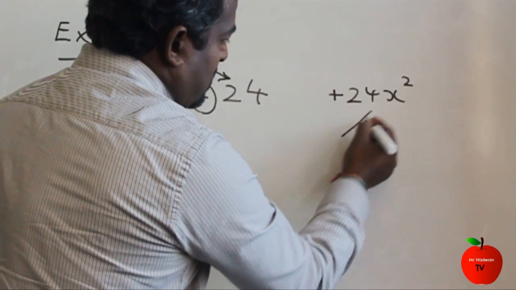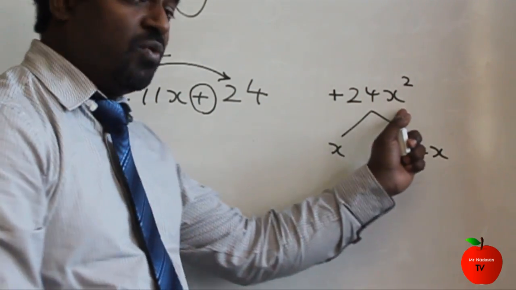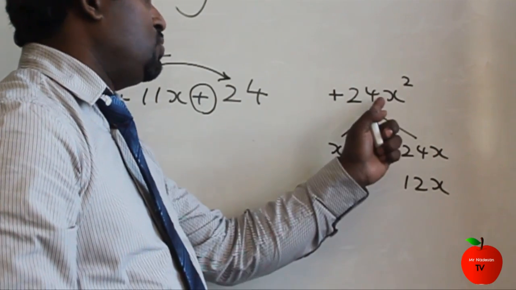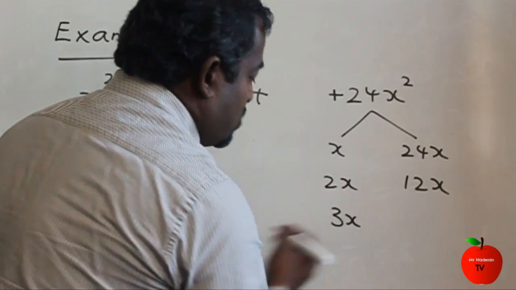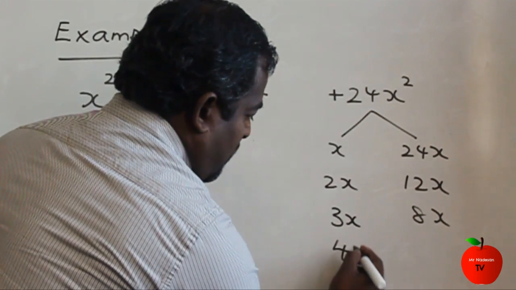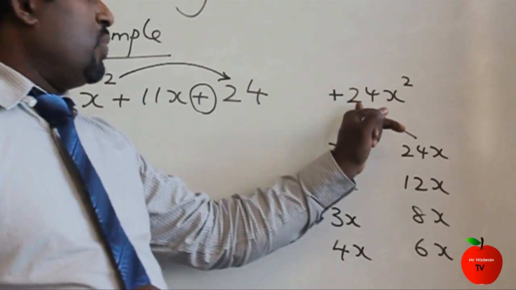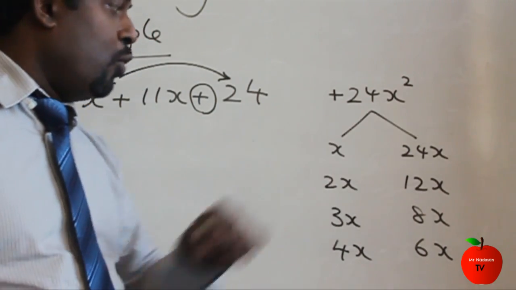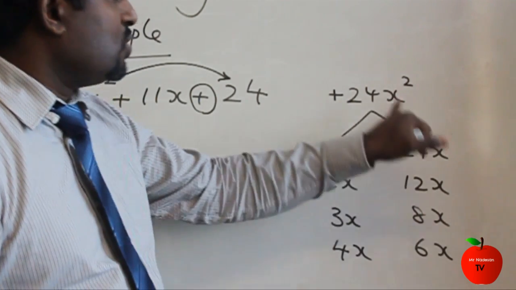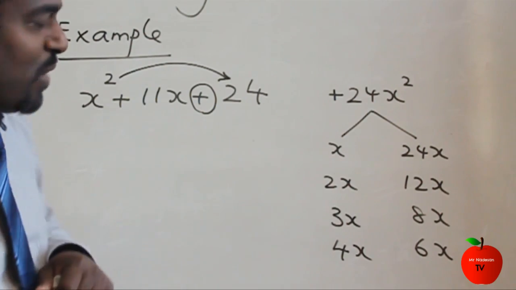We can make it with x times 24x, and also 2x times 12x, so 2 times 12 makes 24, and also 3x and 8x, so 3 times 8 makes 24, and 4 times 6 also makes 24. Let me repeat: 1 times 24 makes 24, 2x times 12x makes 24x squared, 3x times 8x makes 24x squared, and 4x times 6x makes 24x squared.